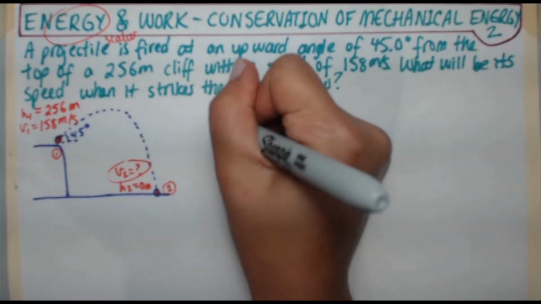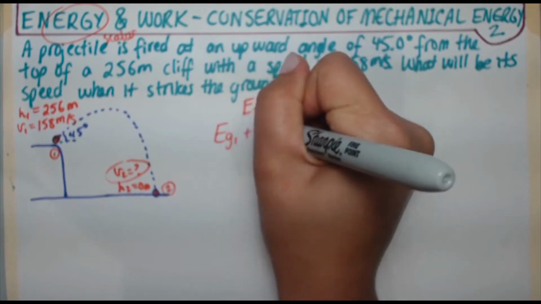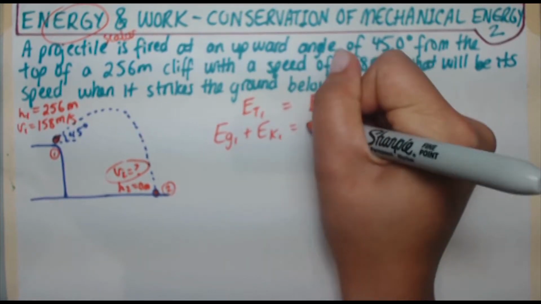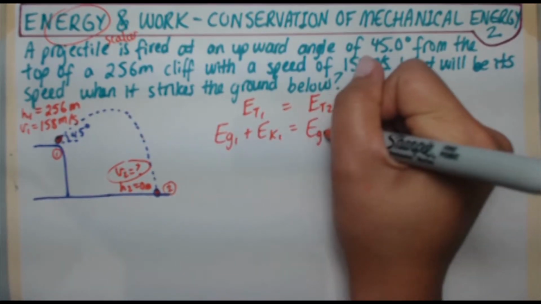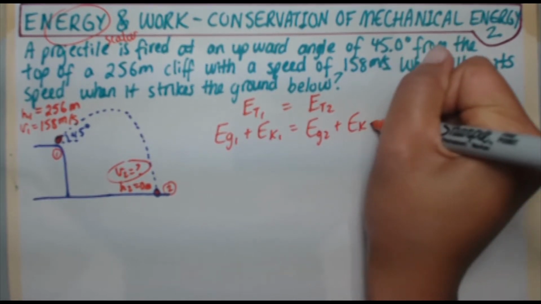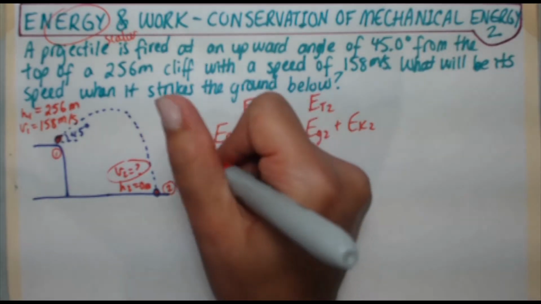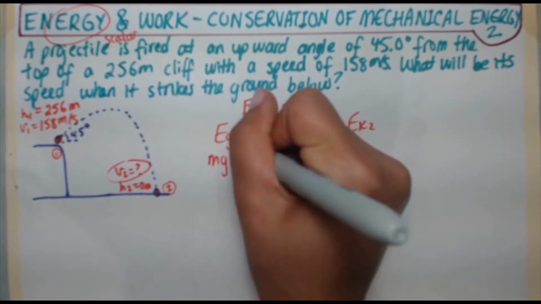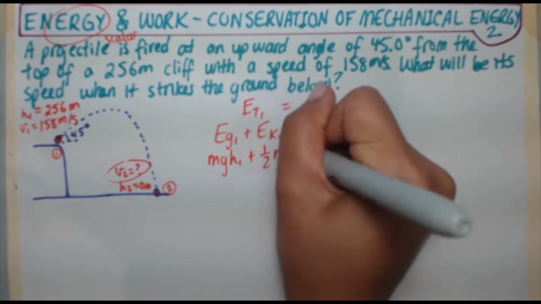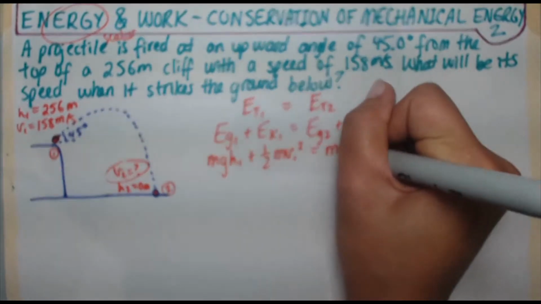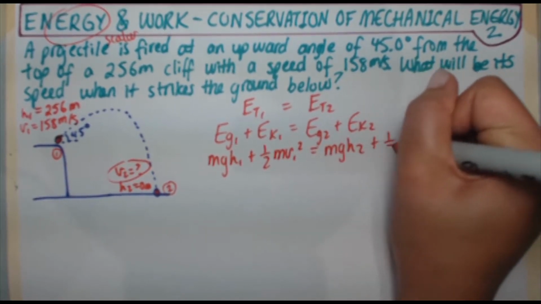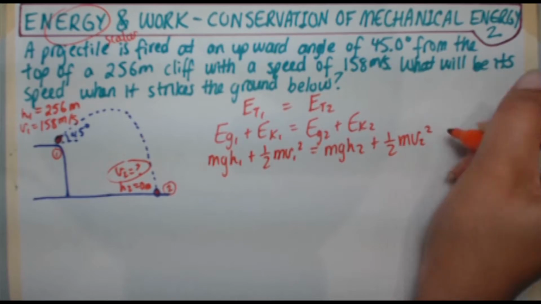So my ET1 is going to be replaced with EG1 plus EK1 equals EG2 plus EK2. Now replace them with what they're represented by: mgh1 plus 1/2 mv1 squared equals mgh2 plus 1/2 mv2 squared.